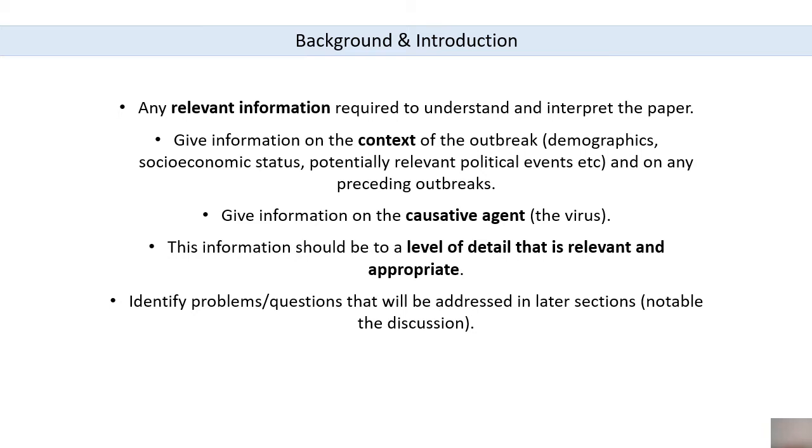And this is highlighted again in the last sentence here, where we say that we can identify issues in the introduction. So if you're talking about the socioeconomic status of a particular region, if you're talking about political factors and government responses and things like that, it's absolutely fine to identify factors that impacted the outcome of the viral outbreak negatively. So, you know, limited resources and things like that, late government responses.